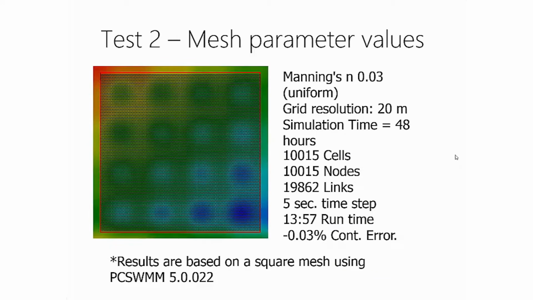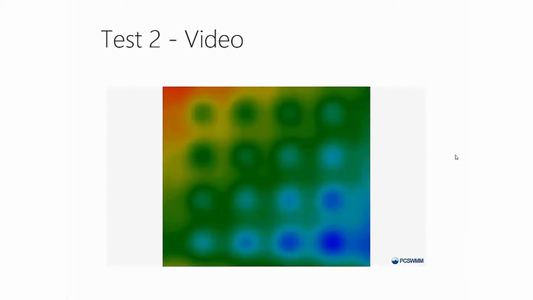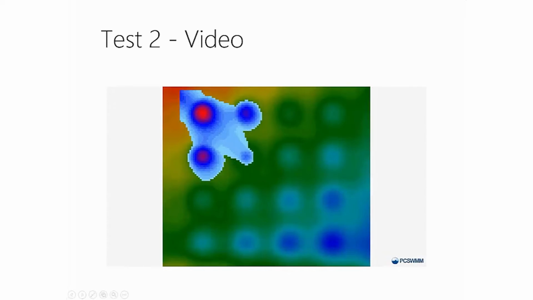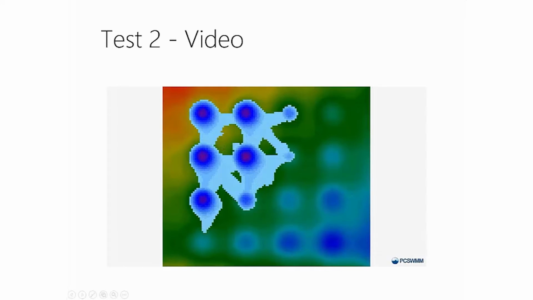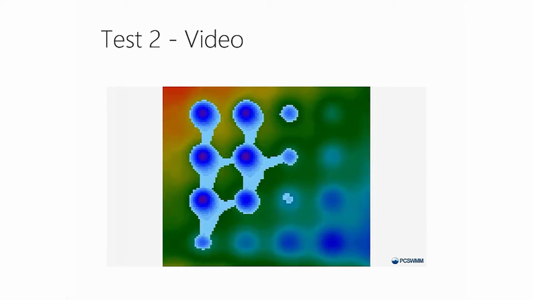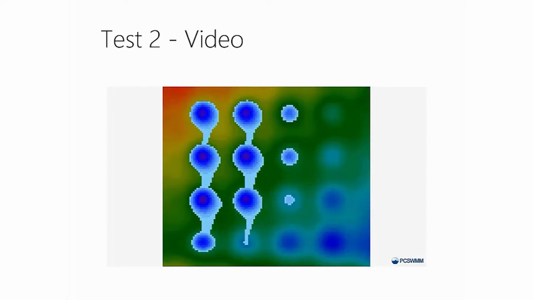So we had a Manning's roughness of 0.03, a grid resolution of 20 meters, and a simulation time of 48 hours. And again, I like PCSWM-2D a lot just because you can make really nice animations. So I'm just going to let this video run. And ultimately, you get a good idea of what the final distribution of the water was when you have this sort of animation.